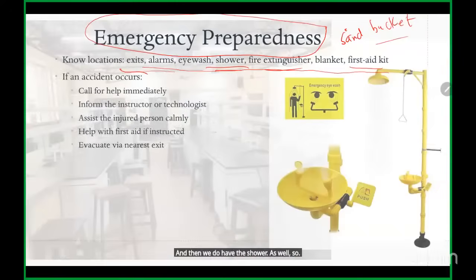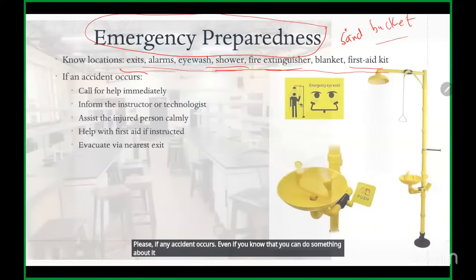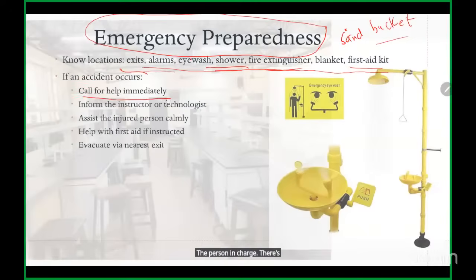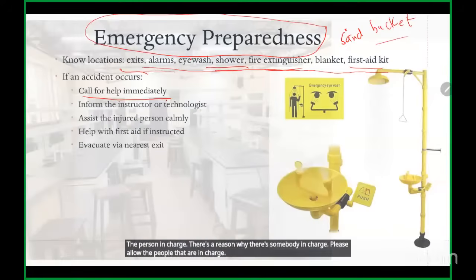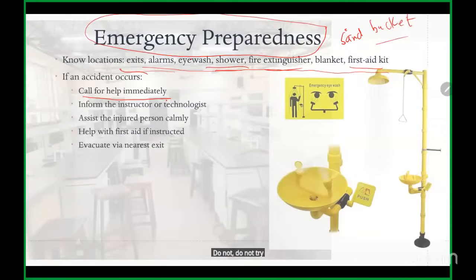So please, if any accident occurs, even if you know that you can do something about it, please always alert the person in charge. There's a reason why there's somebody in charge. Do not try to be Superman.